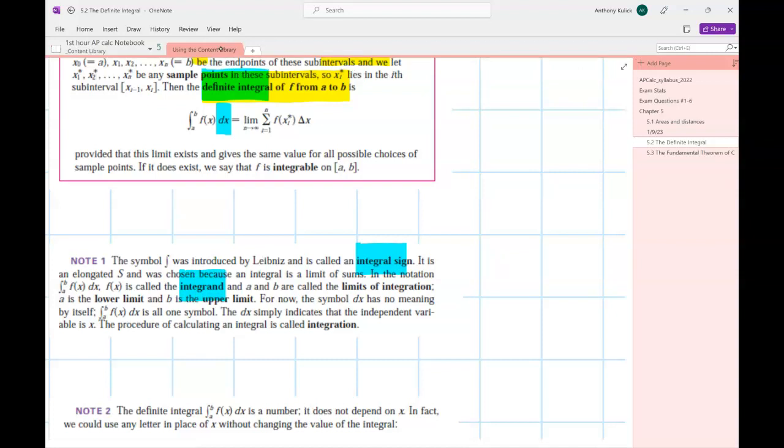The a and the b are called the limits of integration, where a is the lower limit and b is the upper limit. And the dx there at the end is just indicating what our independent variable is in the function. Almost always in this class it'll be x or y, depending on how you've defined your function. And then the procedure for doing this calculation is called integration.